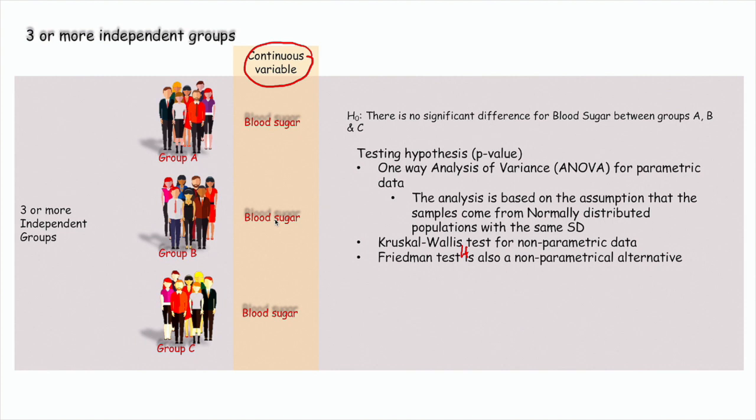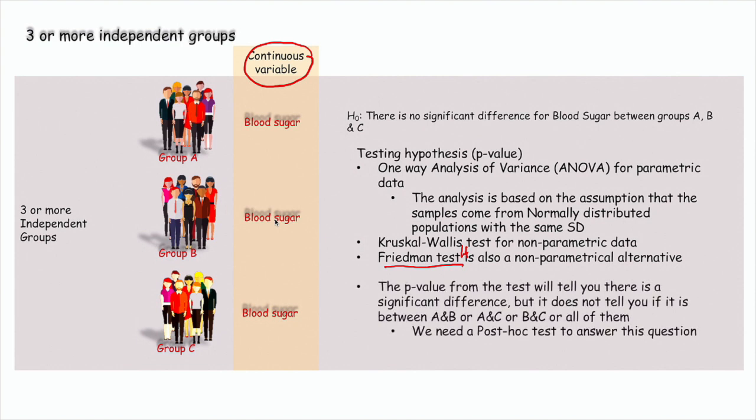There is another test also that we may use, known as the Friedman test, and the Friedman test is also a non-parametric alternative for one-way ANOVA with repeated measures. It's used to test for differences between groups when the dependent variable is measured in ordinal form.